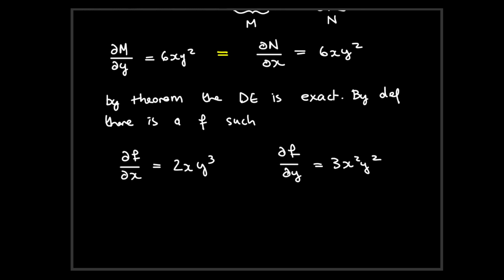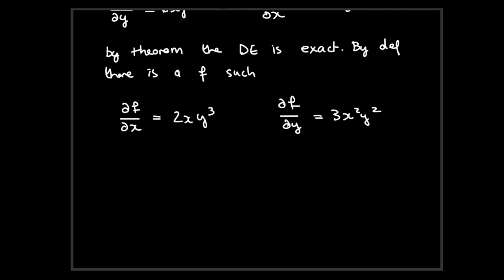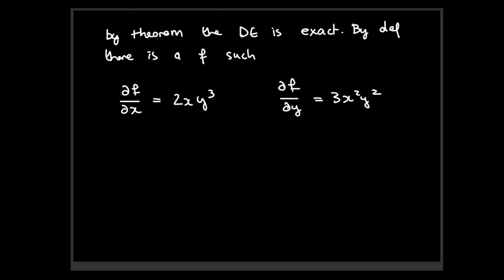Using this portion here, let's try to understand it. We have this 2 variable function f, which we know that when we partially differentiate it with respect to x, we get this expression. So f can be written as the integral of this partial derivative with respect to x, just integrating as usual, treating y as a constant.